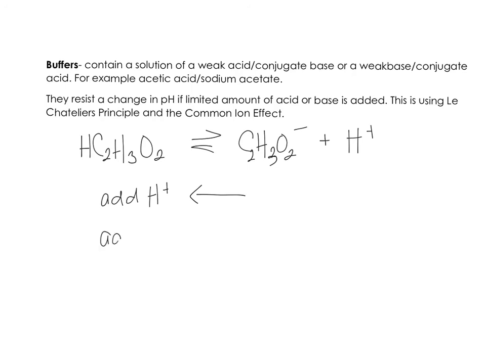If I add OH minus, then the system will shift to the right because the OH minus will react with the H plus to form water, thereby removing H plus. So the system will shift right to replace it. So this is how buffers work. You can't dump a whole bunch of H plus and OH minus, but small changes will not have an effect on your solution because the buffer uses up the quantities.